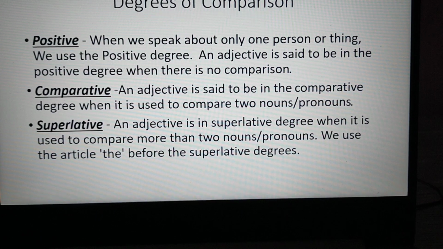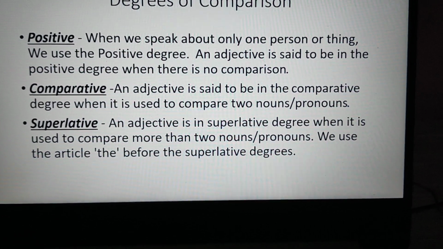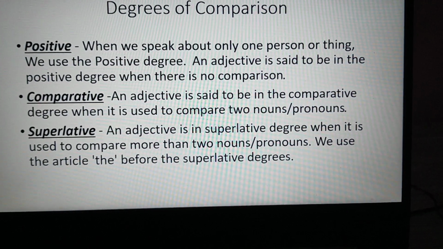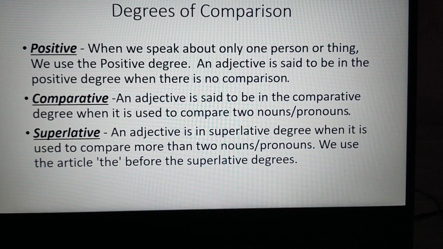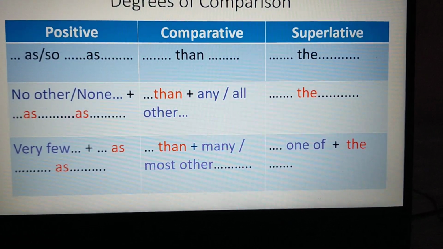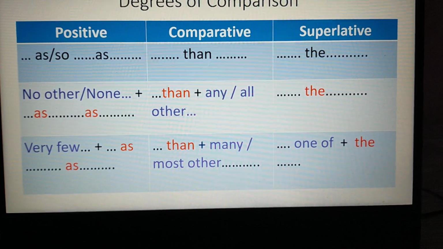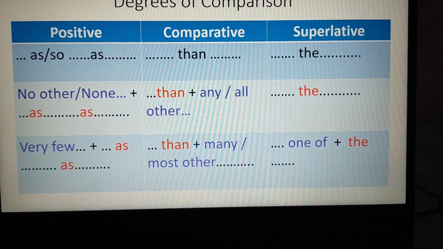We use the article the before the superlative degree. So these are the three ways in which you can use the different degrees: the positive, the comparative, and the superlative degree.